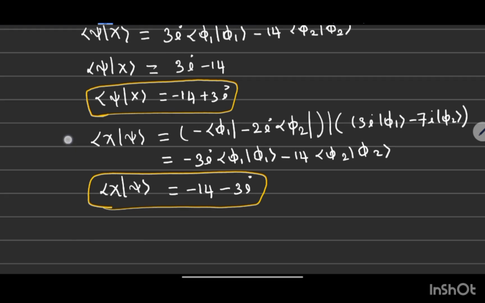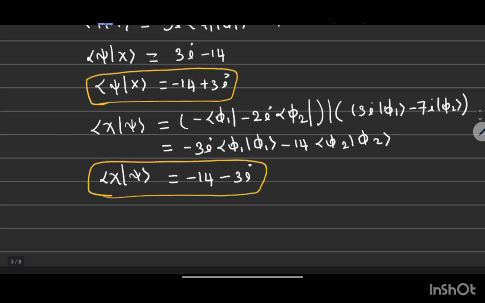Here one important thing you can notice, that the scalar product of psi with chi is not equal to the scalar product of chi with psi. You can notice from these two equations, let's say 1 and 2.